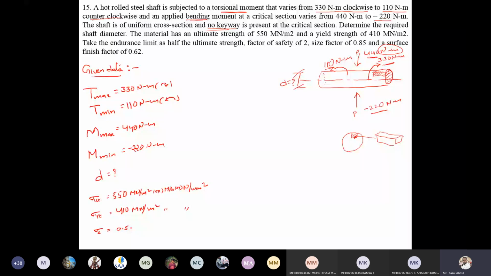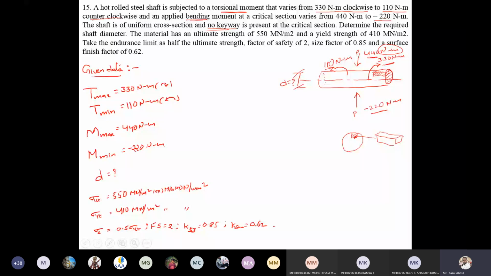Okay, and factor of safety as 2, and size factor K as 0.85, and surface finish factor as 0.62. Like this we need to write the given data.